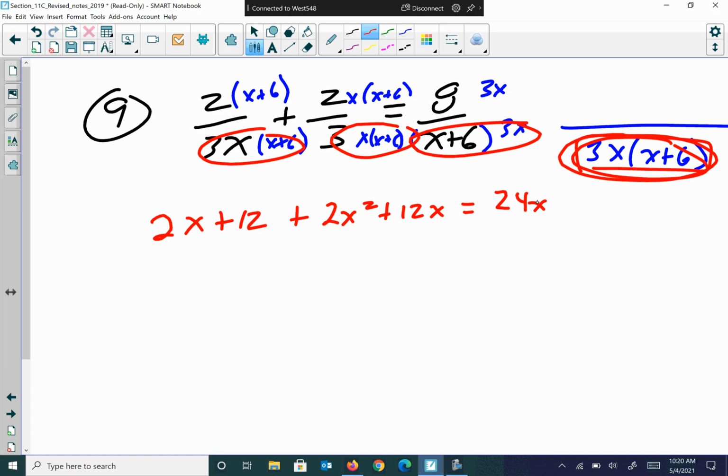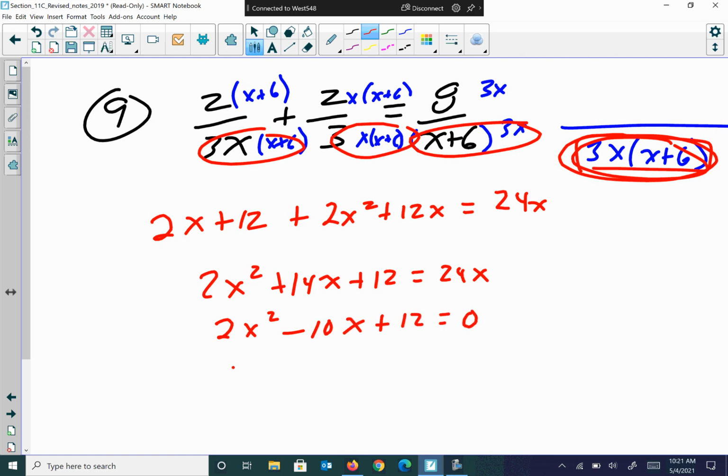Okay. Yeah, it happens. So let's combine like terms. So I have 2x squared plus 14x plus 12 equals 24x. Subtract 24x from both sides. So that would get me 2x squared minus 10x plus 12. Divide everything by 2.